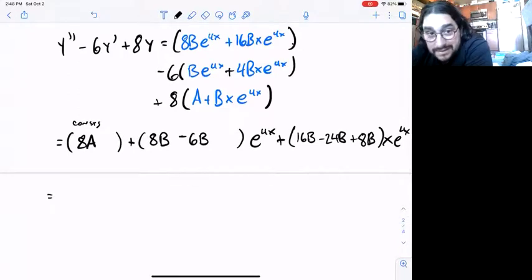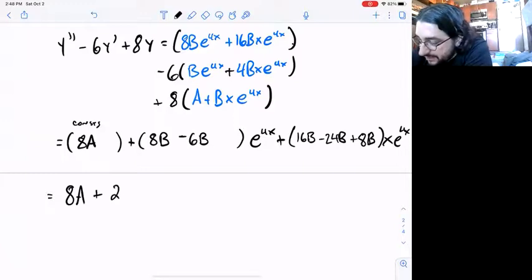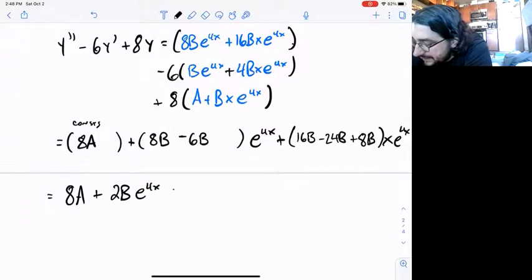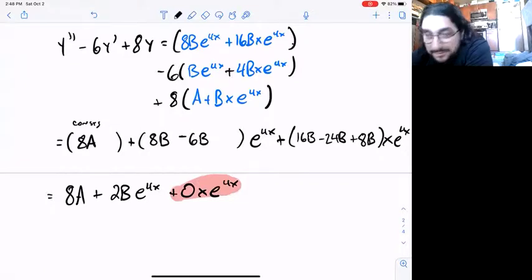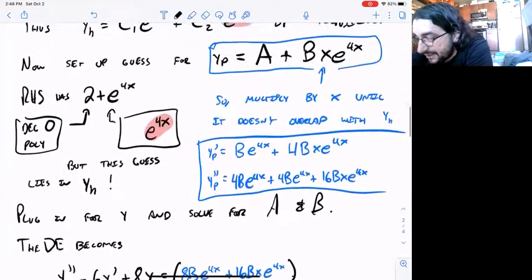All right. So then, how does that clean up? 8a plus 2b e to the 4x, and this is actually 0x e to the 4x. That's actually really good. If that term didn't zero out, we'd have no hope of solving this, because look at what's on the right-hand side.